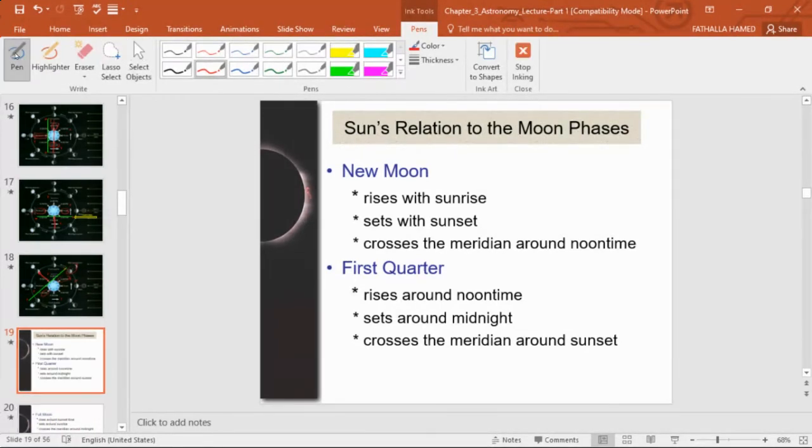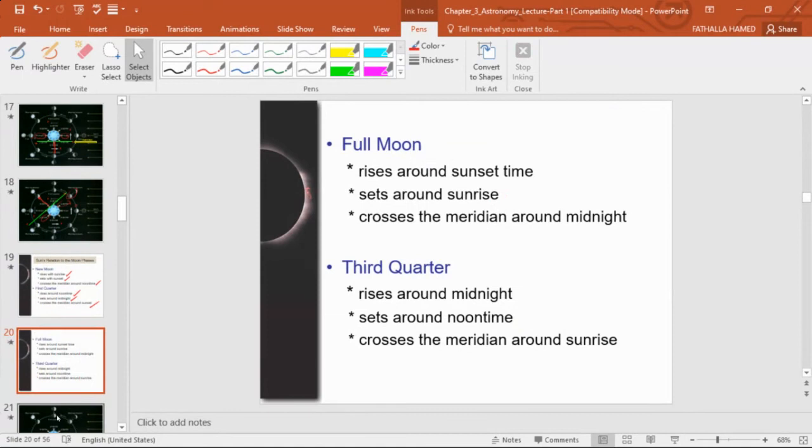So we say here, a new moon rises with sunrise, sets with sunset, crosses the meridian around noon time. First quarter rises around noon time, sets around midnight, crosses the meridian around sunset.